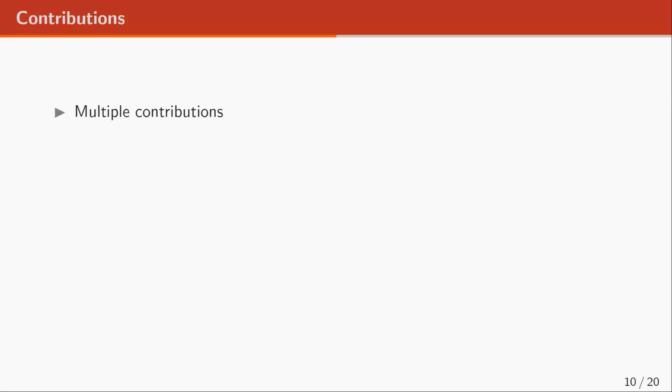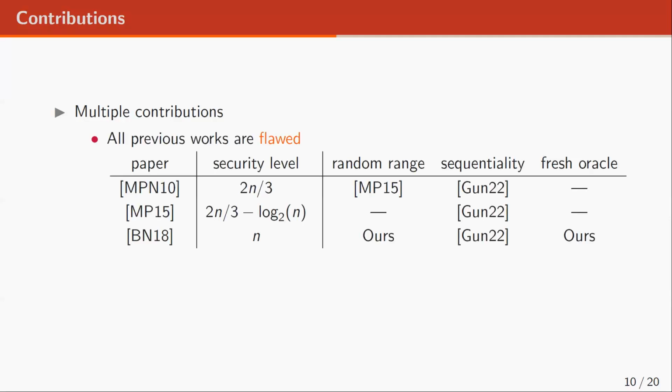So now to the contributions in our paper. The first one is that we identify that all these previous works are flawed. There are quite some flaws in there, so I have made a table to give a bit of an overview. First we have the papers, from 2010, 2015, and 2018. Then the security level supposedly shown, and then three different errors, which I will explain later.